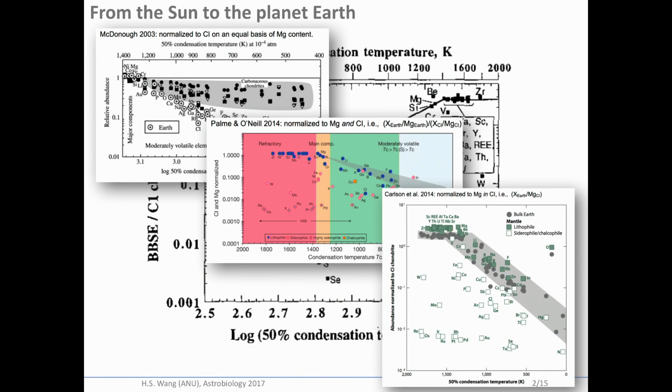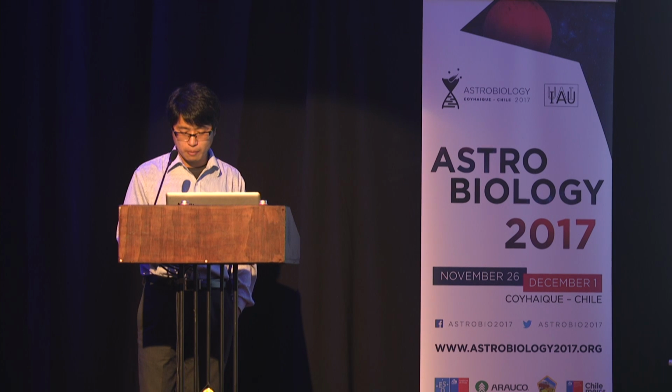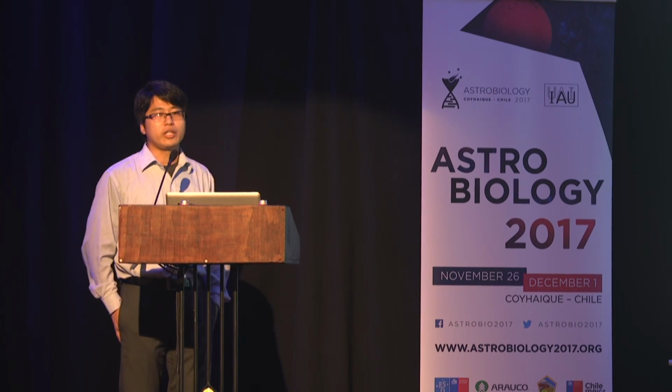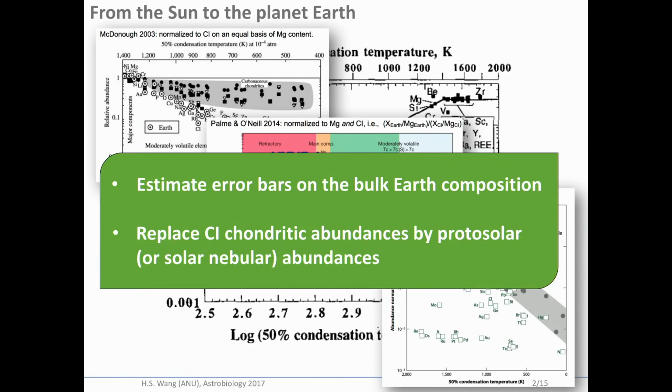Without the uncertainties, that will limit us in the quantification of this trend to be useful for representing the chemical relationship between a star and its planet. So we have firstly been dedicated to exploring the uncertainties on the bulk Earth composition, and then to replacing CI chondritic abundances by the solar nebula abundances.